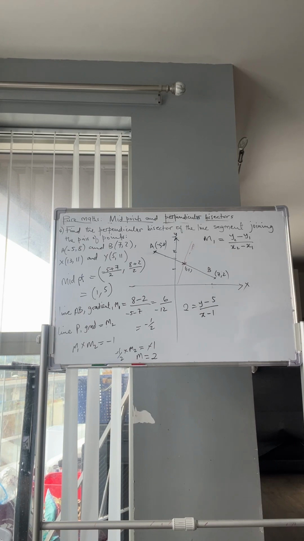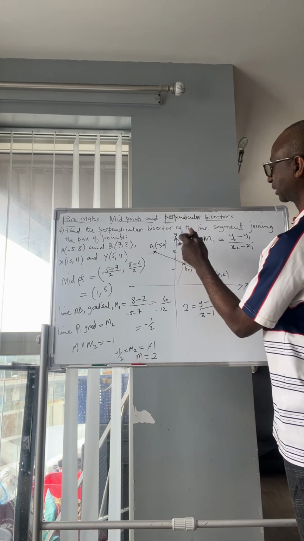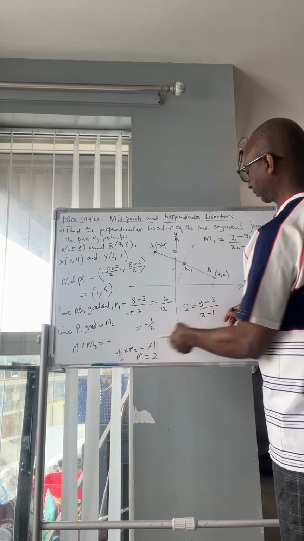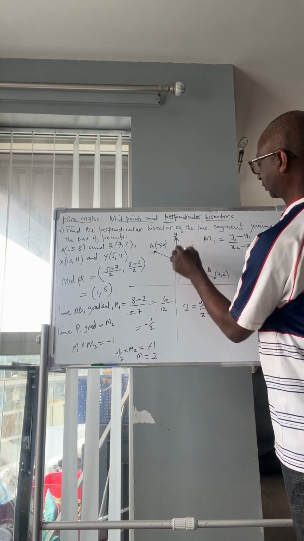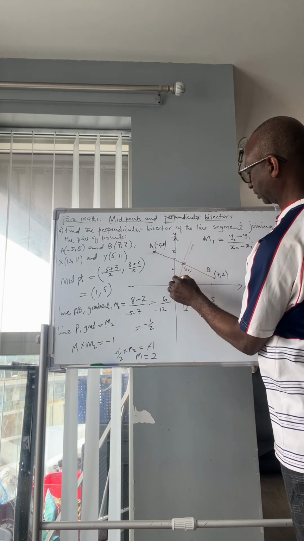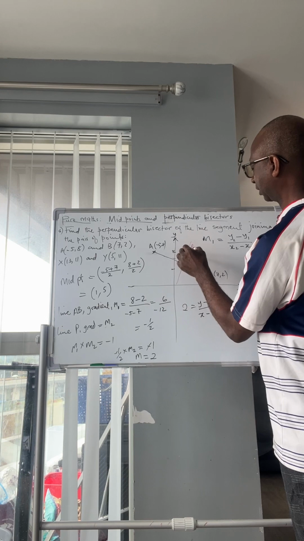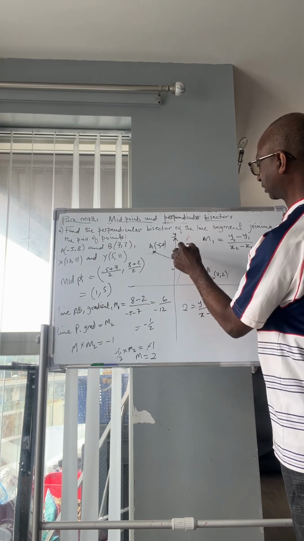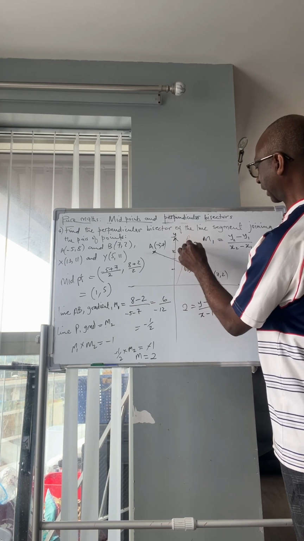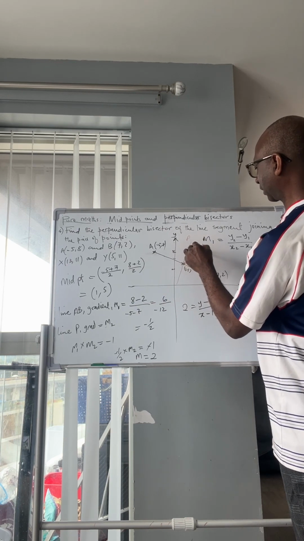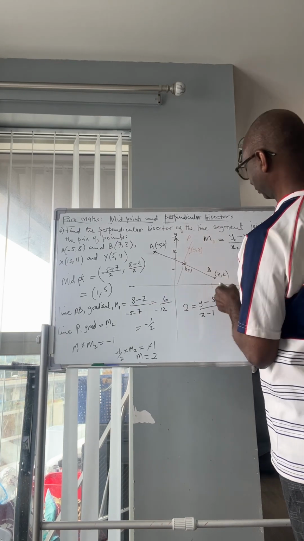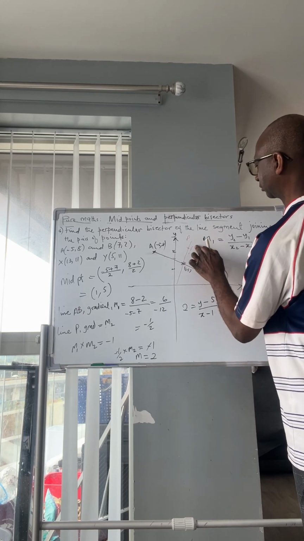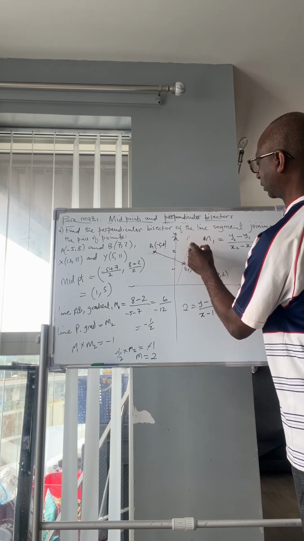So we can use this point with another point here, all of this is P, with another point here, which we'll label as x, y.